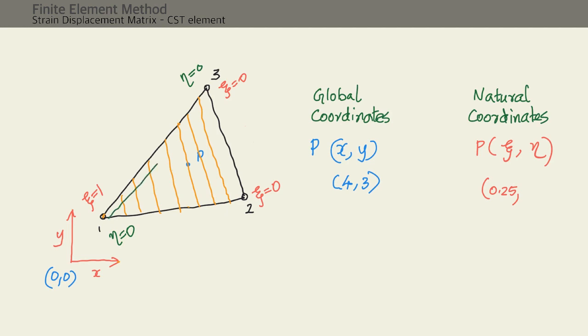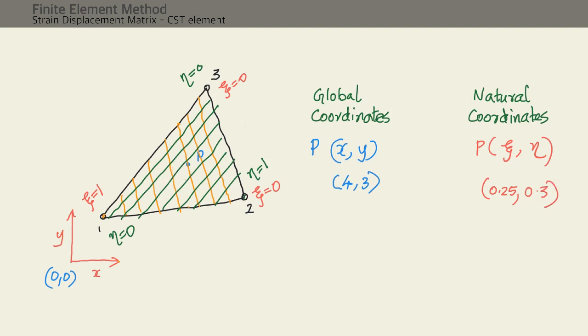So here it may be 0.1, along this line the value of eta increases, and here it might be 0.8, and finally at node 2 eta is equal to 1. At the point P, it increases from 0.1 to say 0.3, the value of eta.